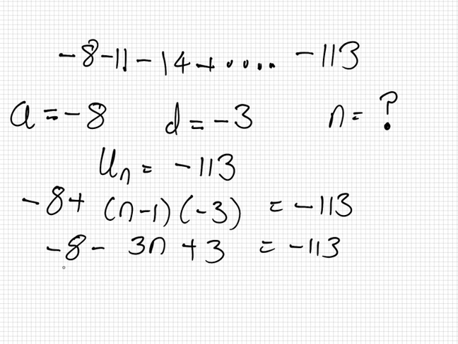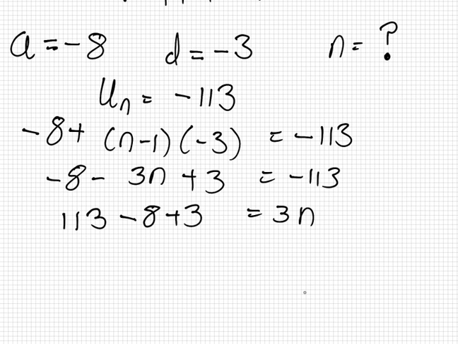So I will get 113 minus 8 plus 3 equals 3n. So that would be 116 minus 8, 108, which can be divided by 3, 36? Yes, 36. N is 36.